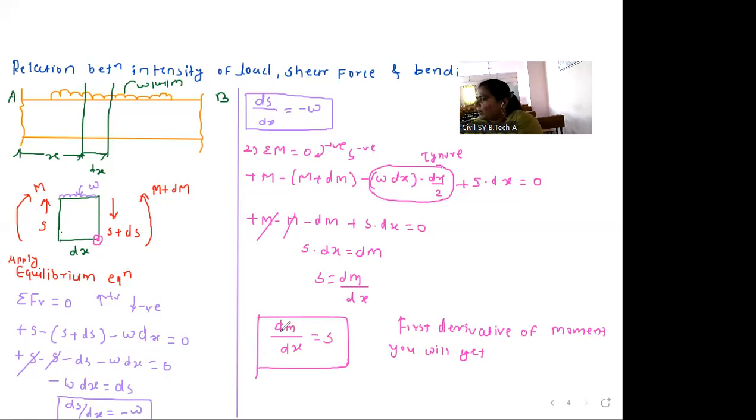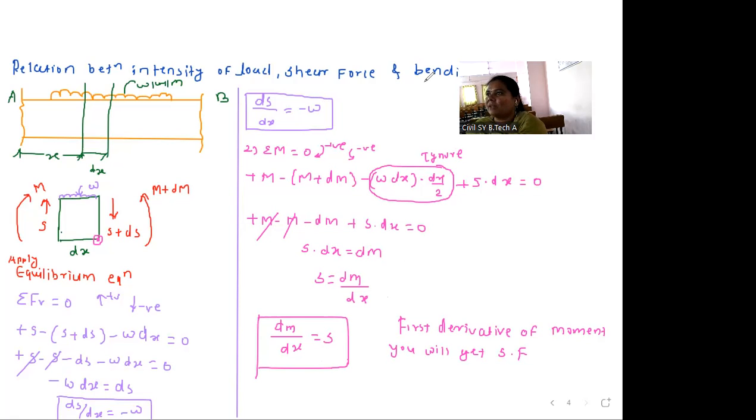So this is the relation between moment and shear force. And here you observe dS and dx. The first derivative of shear force gives you the intensity of load. So if you find the derivative of shear force you get the load, and if you find the derivative of moment you get shear force. So this is the relation between intensity of loading, shear force and moment.